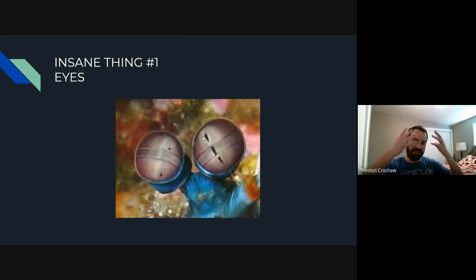And so they can actually shift their focus just by shifting which of their compound eye cells is receiving the most light. And so you can see that this is where it is focusing the most in this band here. Fascinating stuff. So that's insane just by itself, how their eyes are kind of segmented into different portions and how they can focus on different things. But that's not the craziest thing about their eyes.